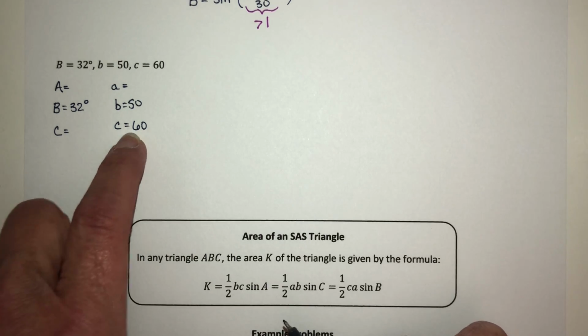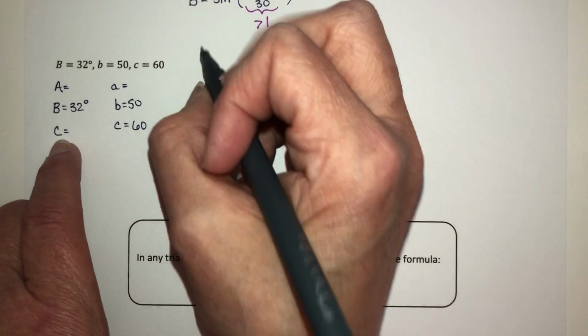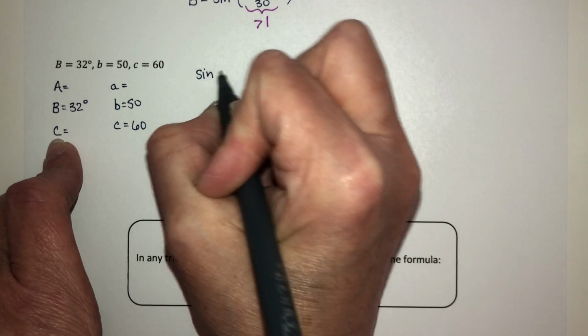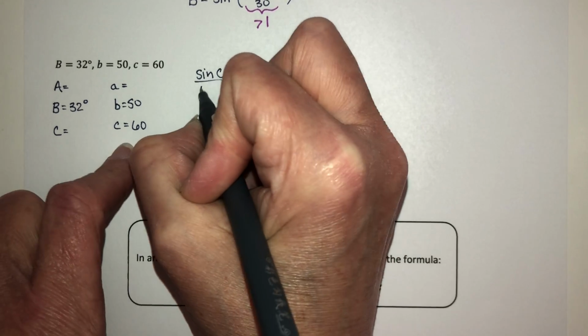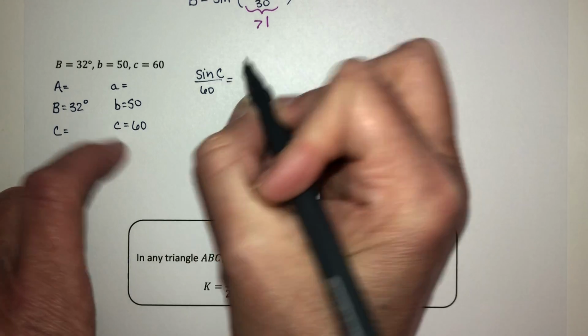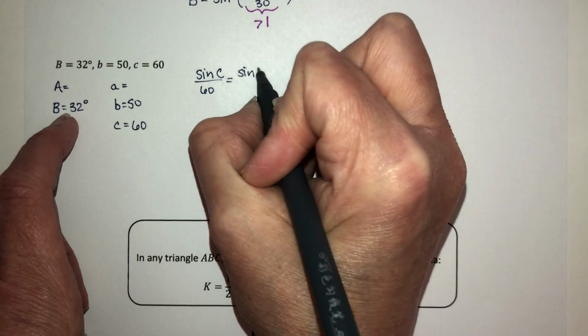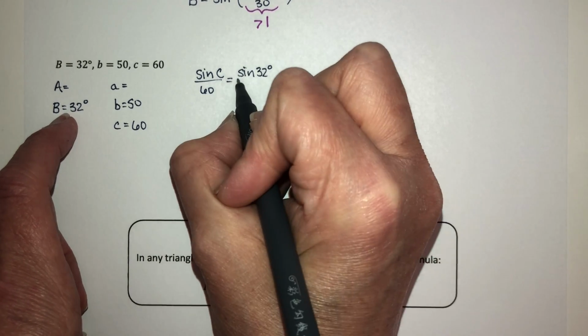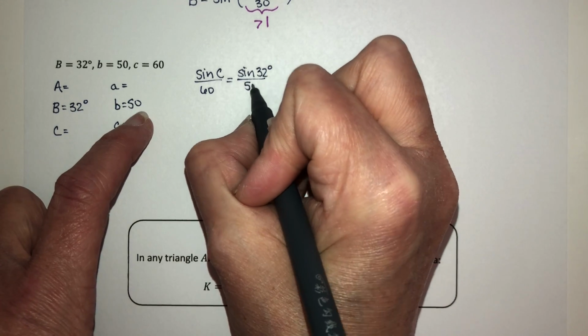Okay, since we have side c, let's find angle C first. So sine of C over 60 is equal to sine of 32 degrees over 50.